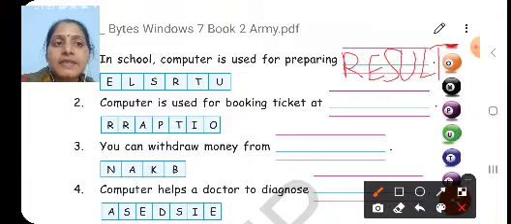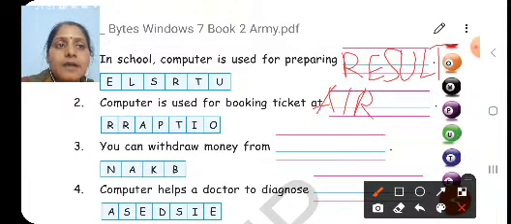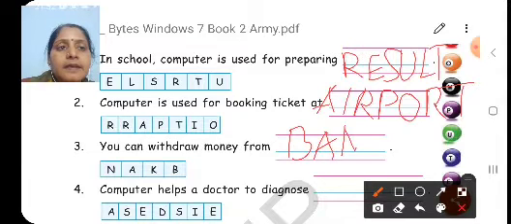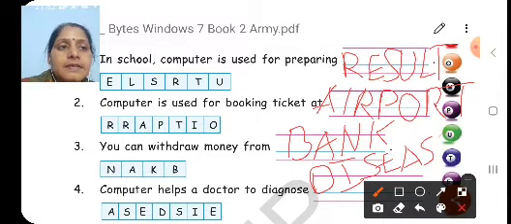Computer is used for booking tickets at A-I-R-P-O-R-T, airport. You can withdraw money from B-A-N-K, bank. Computer helps a doctor to diagnose disease. Here you will write D-I-S-E-A-S-E, disease.